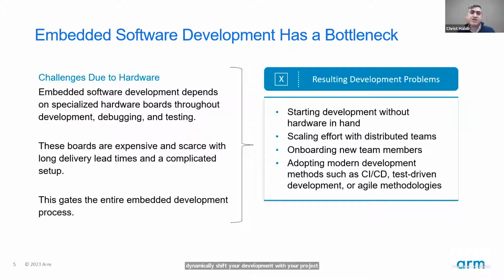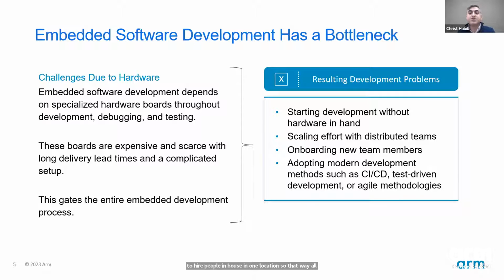And because of the complexity of setup, onboarding new team members is hard. Usually these boards are sitting on your desk, right? So if you need a more globally distributed team, what do you do? Do you buy the board and ship it to your developers somewhere on another continent, or do you try to hire people in-house in one location so that all the boards can stay co-located with you?